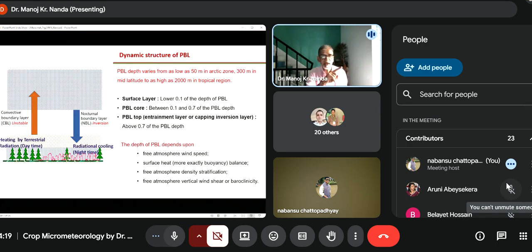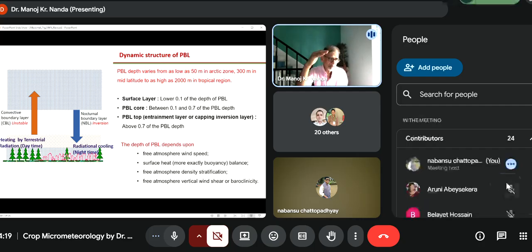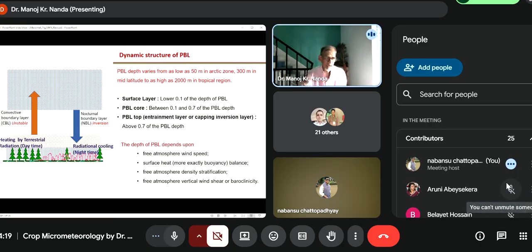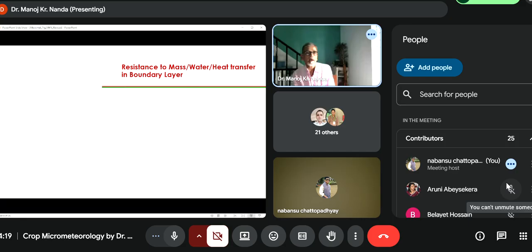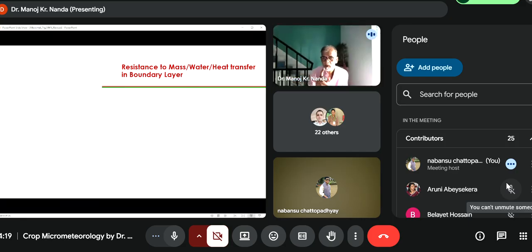Geostrophic wind, 90-degree change, means that wind is along the isobar, not across the isobar. At the surface it is across the isobar. At the top of the PBL in the free flow zone, it is along the isobar. So this is how the wind shear is there. Shear means change.